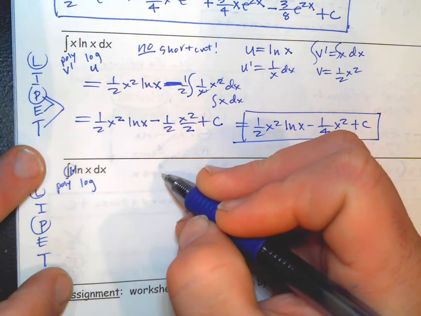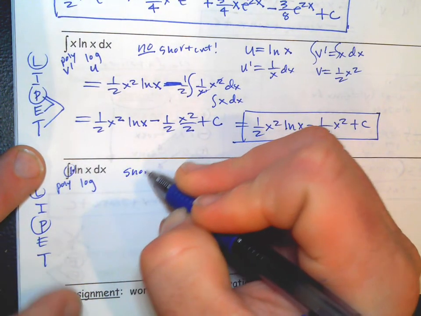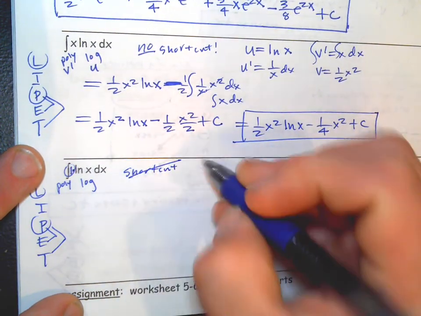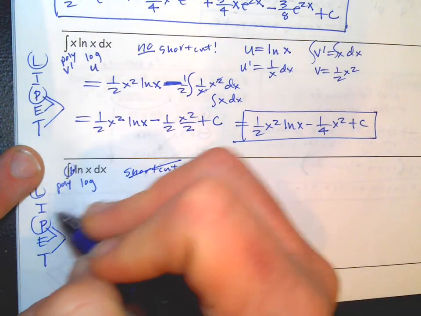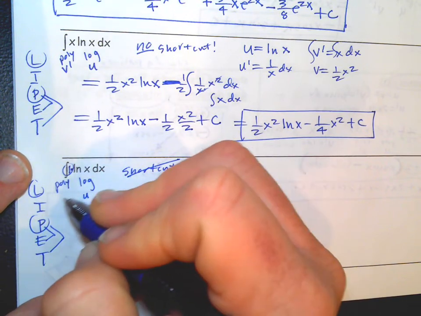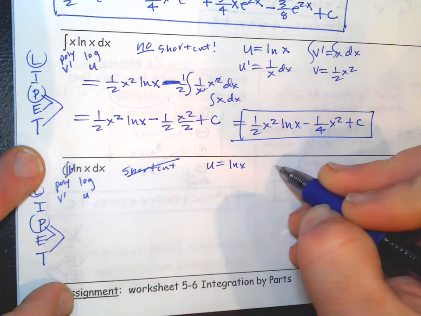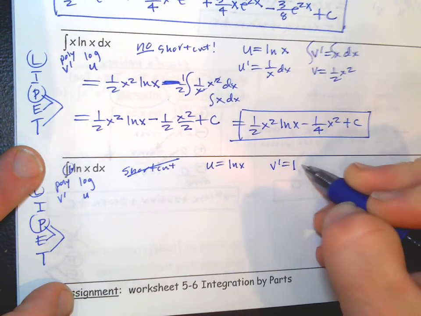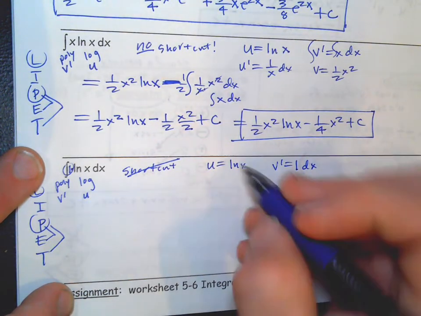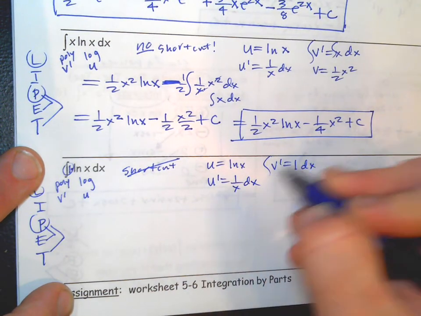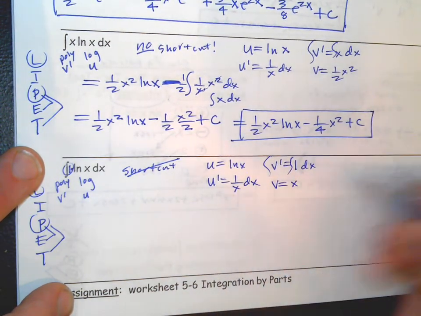Can't use a shortcut, right? No shortcut, because that would be poly-expo but poly-trig. Which one's going to be the u? Well, earlier in the list, the log is going to be the u, and the poly is going to be the v prime. So u equals natural log of x, and v prime equals 1 dx. u prime is 1 over x dx. v equals x.